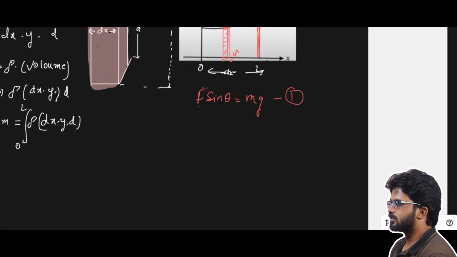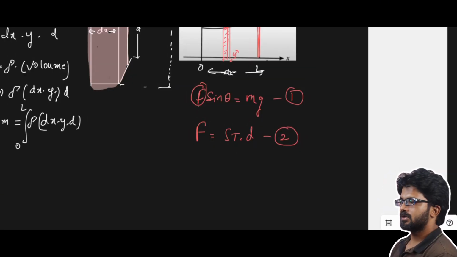We are going to give this force equation with the help of F is equal to surface tension times the d length. So first we are going to solve this, and then we are going to put the value of surface tension times distance to solve the equation of the force.